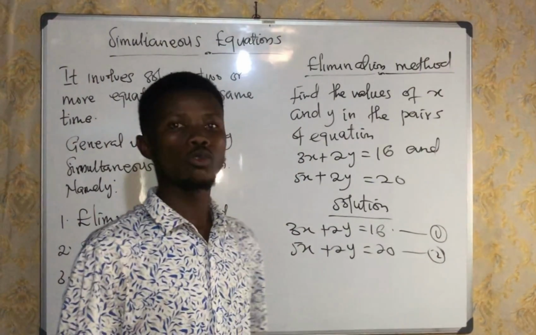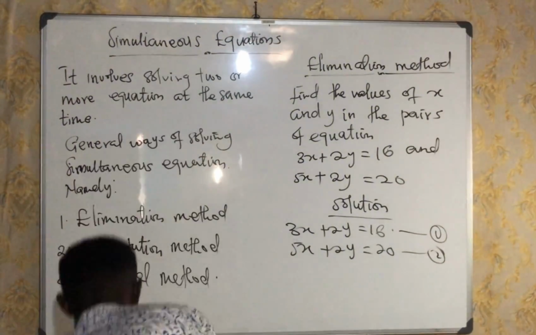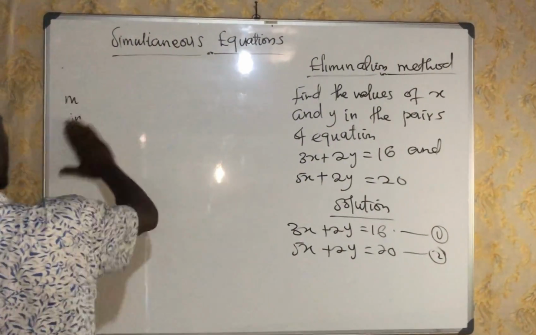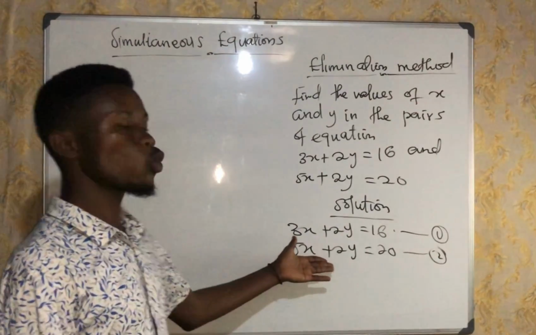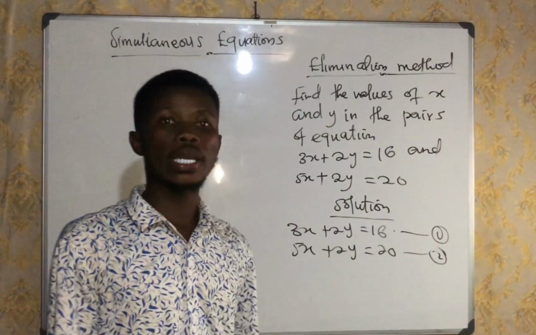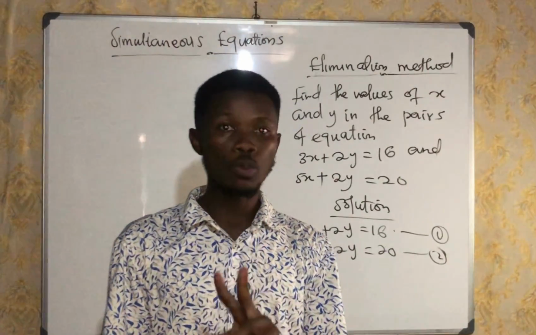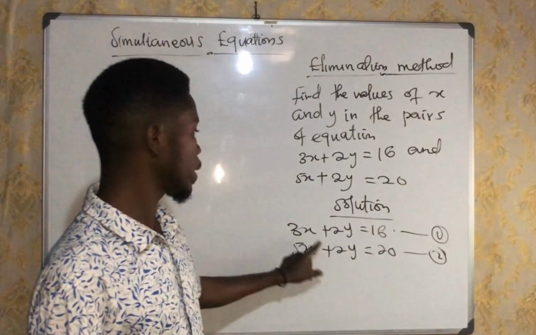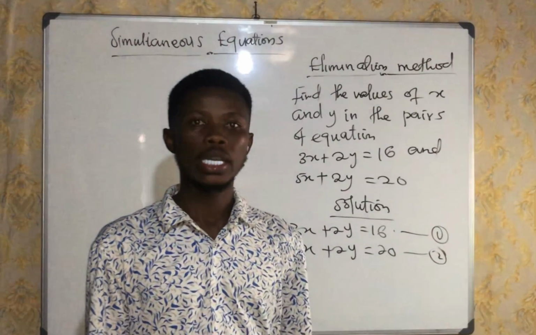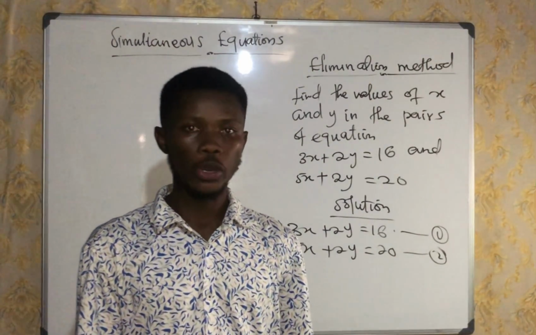Let's name this one equation number 2. Now if you look at this, this is equation 1, equation 2. They are just two equations. Therefore, the unknown variables here are two, which are x and y.